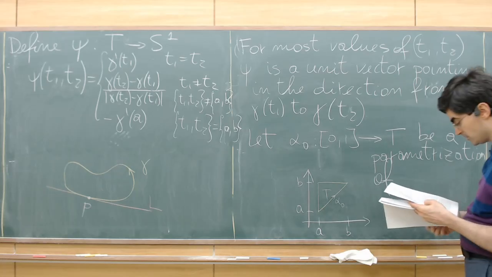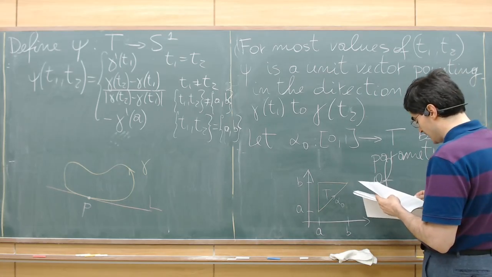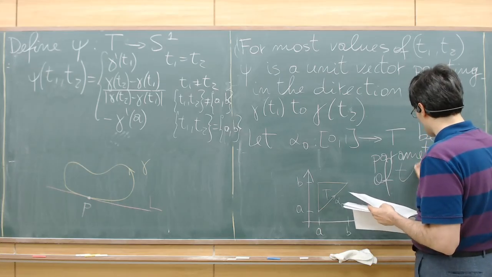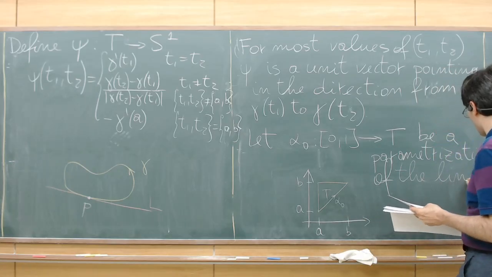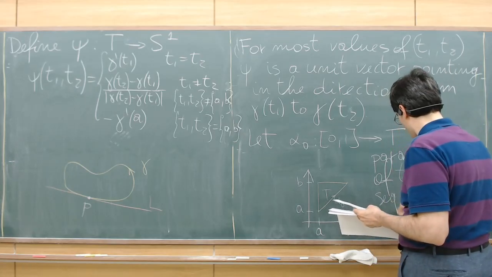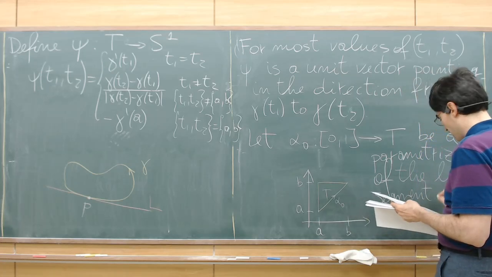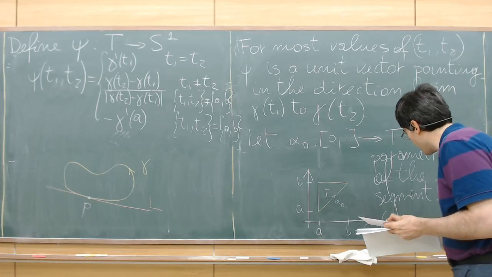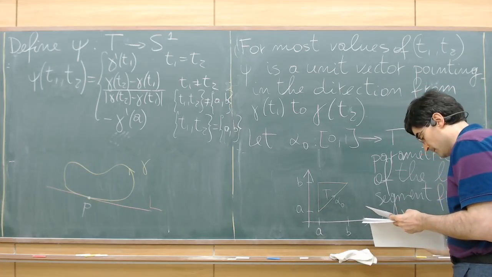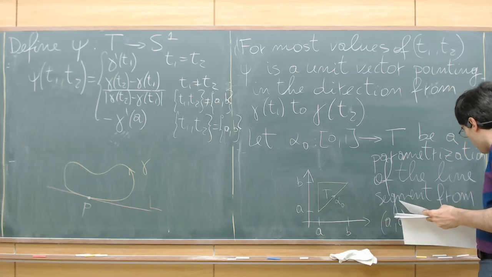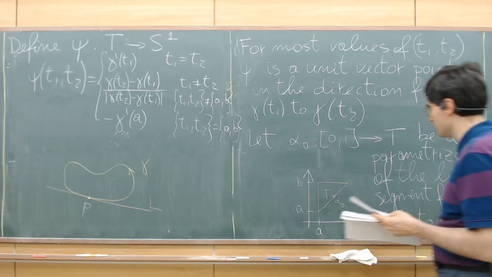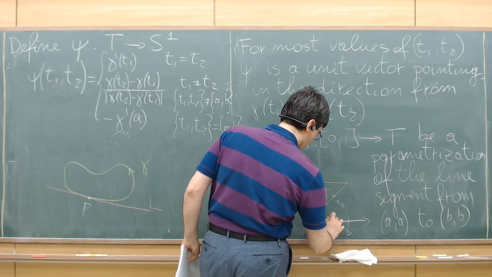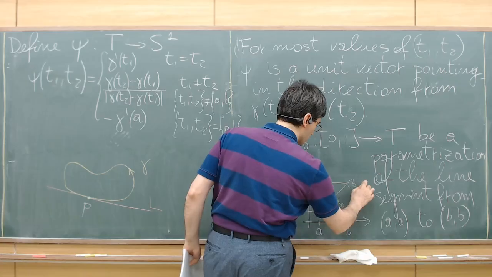So let's write, of the line segment from (a, a) to (b, b). This is the point (a, a), and this is the point (b, b).